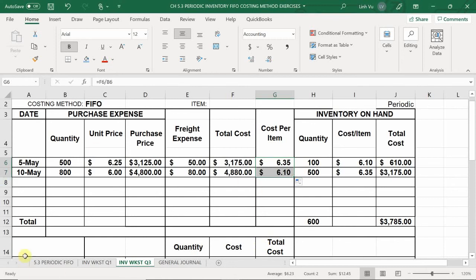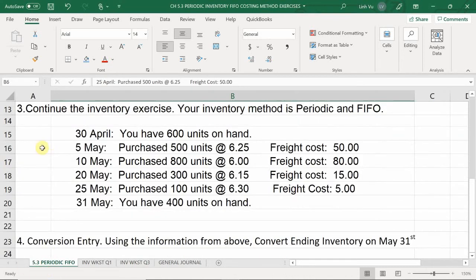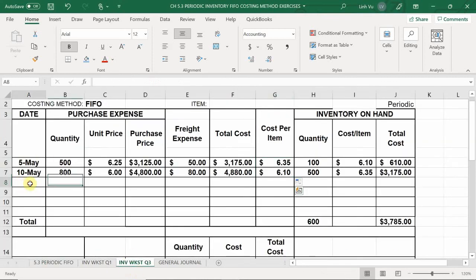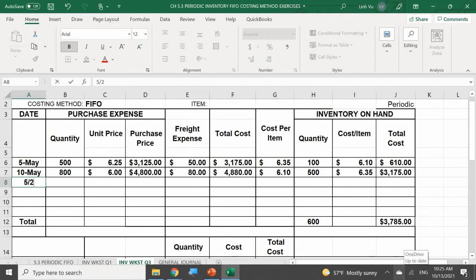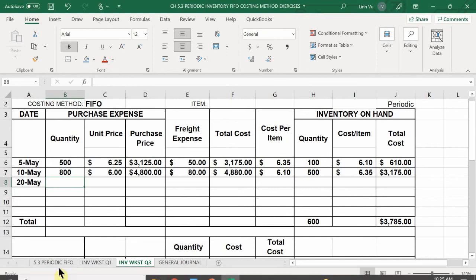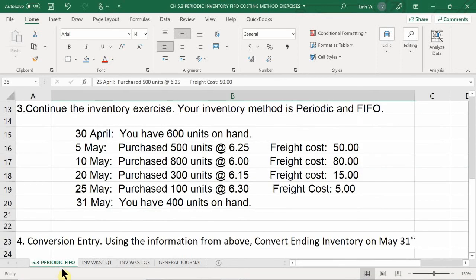Good. Then on May 20th, we purchased 300 units at $6.15, with the freight costing $15.